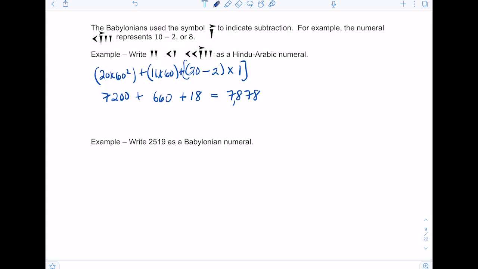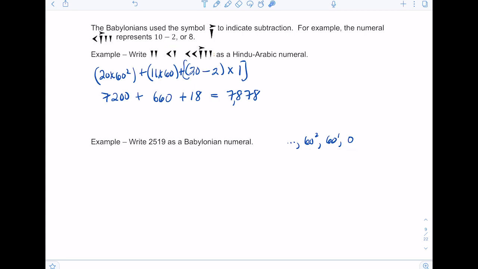That just meant that it was 60 squared, 60 to the first, 60 to the 0, okay? And what we're going to do is figure out which of these numbers will divide into 2519, the highest of them.